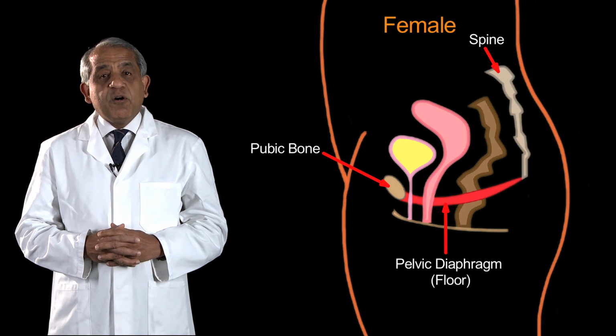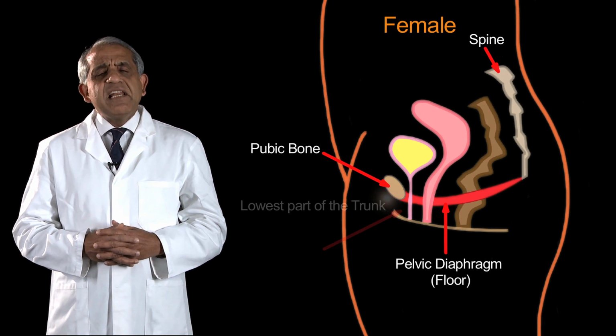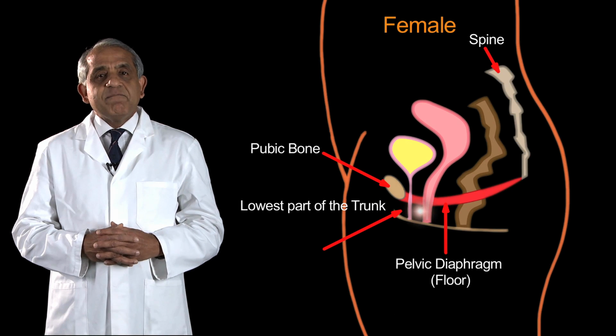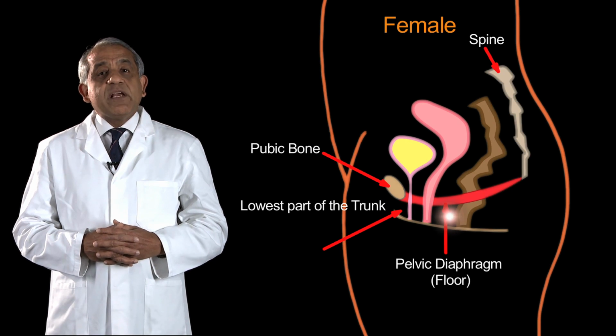Below the pelvic floor, or inferior to the pelvic floor, is the very lowest part of the trunk, and this we call the perineum. In both sexes, the perineum is occupied by the anal canal.